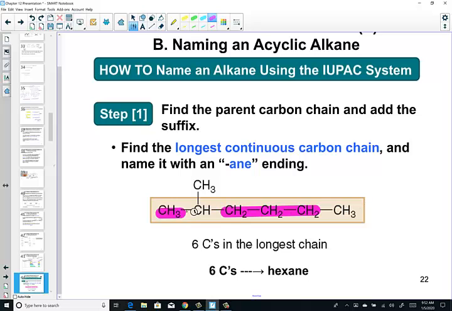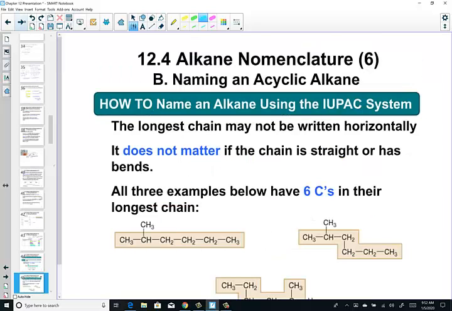But I want you to know that it doesn't necessarily have to be in the same straight chain. You get six carbons going in this direction as well. So finding the longest carbon chain challenges you to look in all directions to find that chain. Find the longest carbon chain and that becomes your root word, the backbone name. The longest carbon chain could be written horizontally.